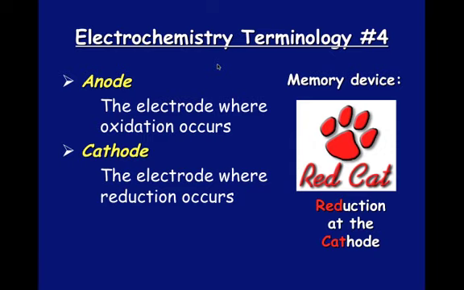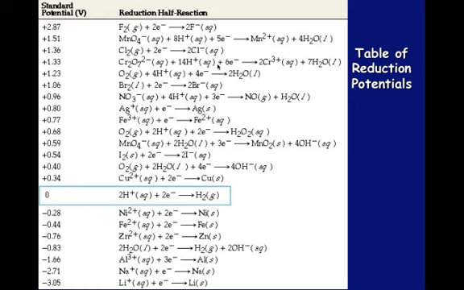Another part of this device is an ox, red cat: anode oxidation, reduction cathode. So in a spontaneous cell or galvanic cell, the reduction is always at the cathode and oxidation is always at the anode. Hence, an ox red cat.